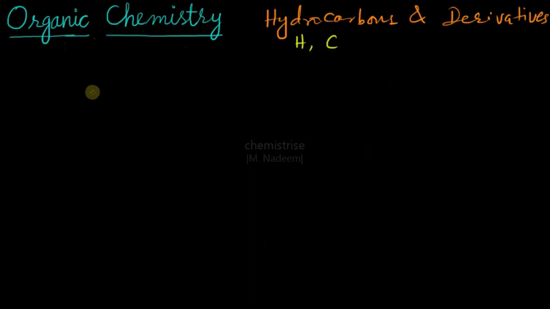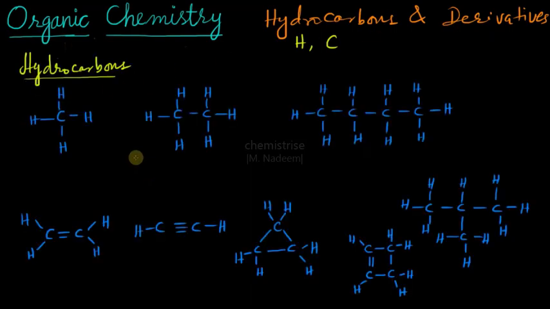So let's see first of all hydrocarbons. So we have got many hydrocarbons made over here. And if you look at these hydrocarbons, first of all, the first thing that we need to know is that each carbon can make four bonds, because it has four electrons in its outer shell. So carbon has the ability to attach with other carbons to make chains like this.